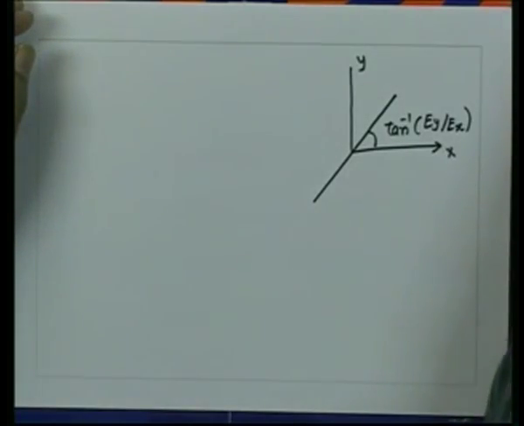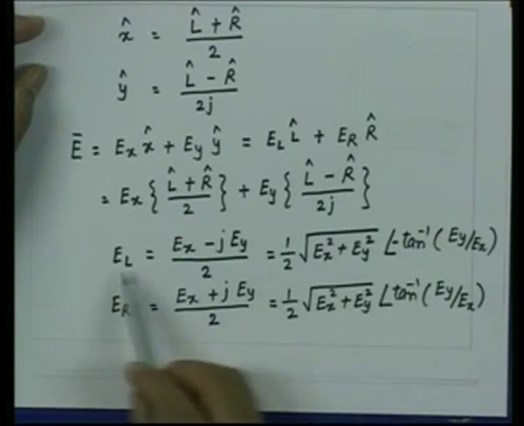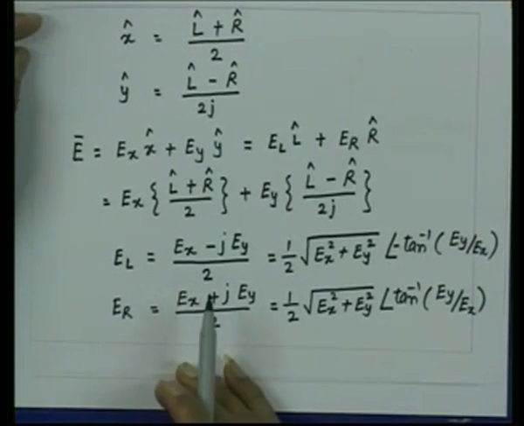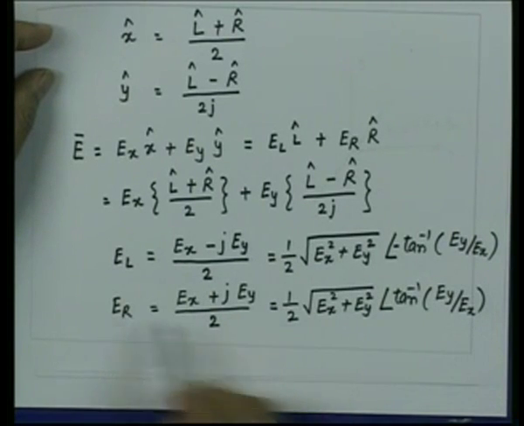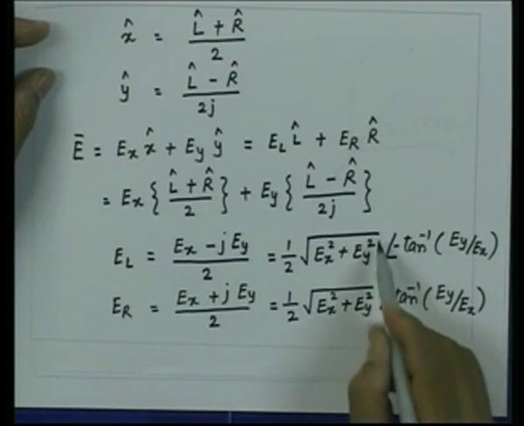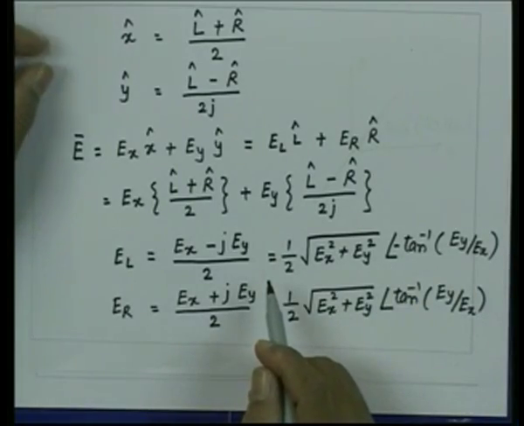So, what we see from here is that the tilt angle for the linearly polarized wave will be nothing but the phase of this component E L, or the negative of the phase of E r.